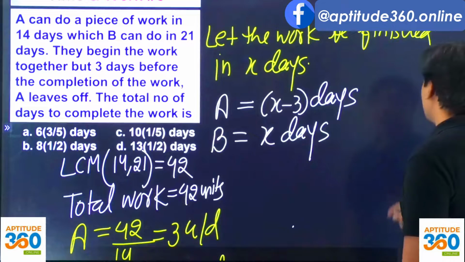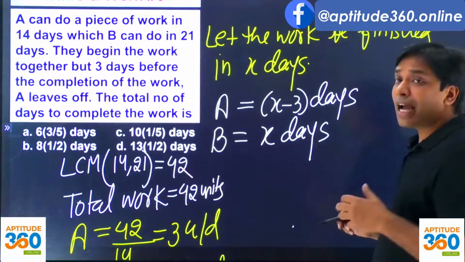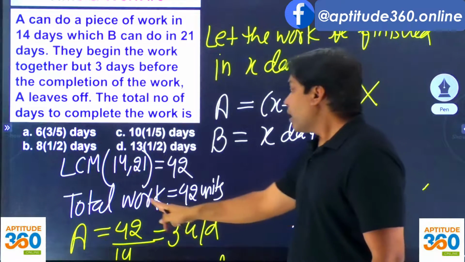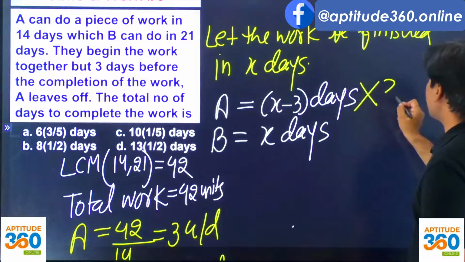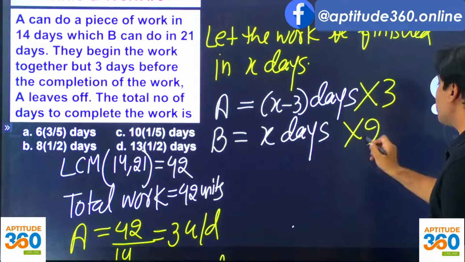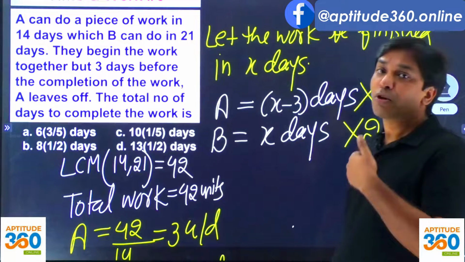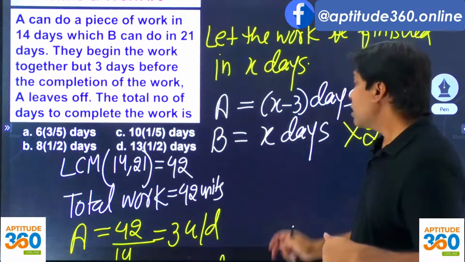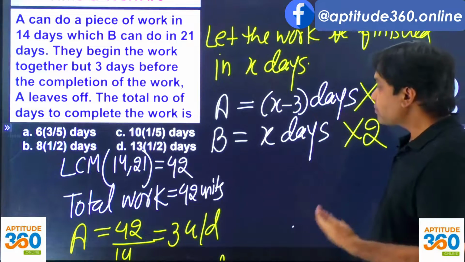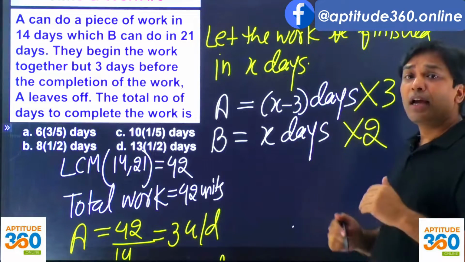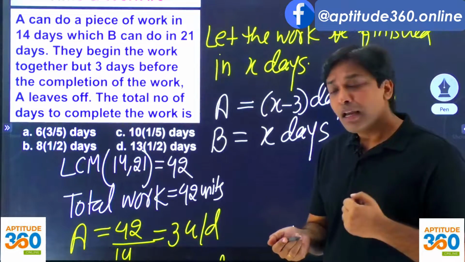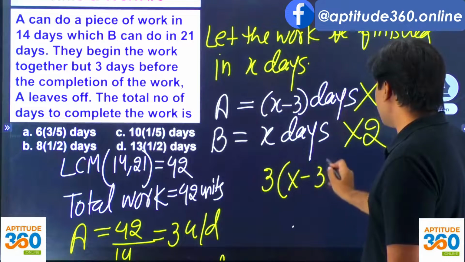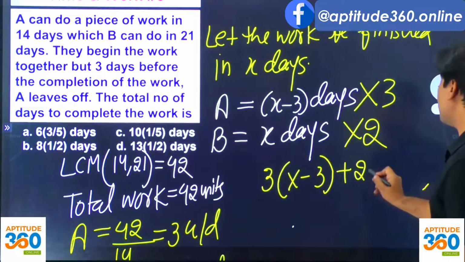X days करता है. तो can I say that the entire work that A will be doing in X minus 3 days into what is going to be the rate of A? 3 units per day, and this is going to be B. For B it is going to be, because B तो पूरे X days काम कर रहा है and per day B is doing 2 units of the work, so this is going to be X into 2. Now this is going to be the collective work. भाई पूरा का पूरा काम करेगा कौन? A and B. So this is going to be 3 times X negative 3 plus 2 times X.